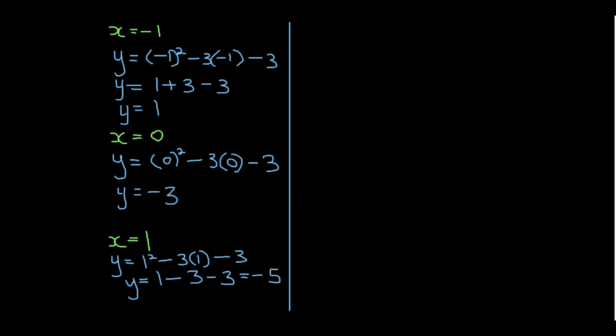Now we need to do x is equal to 2. And I believe Genesis said she had gotten minus 5 as well for this, because she had worked out for 2 instead. So let's see if she's correct.